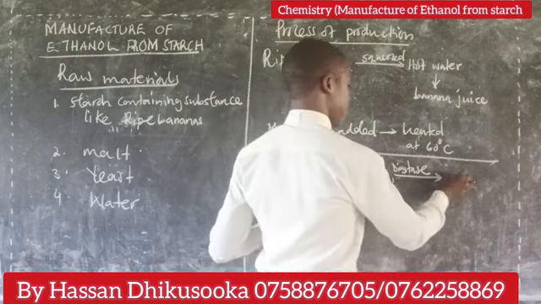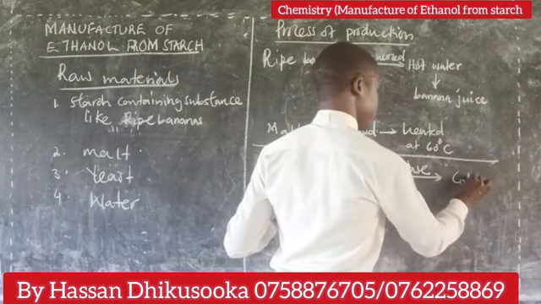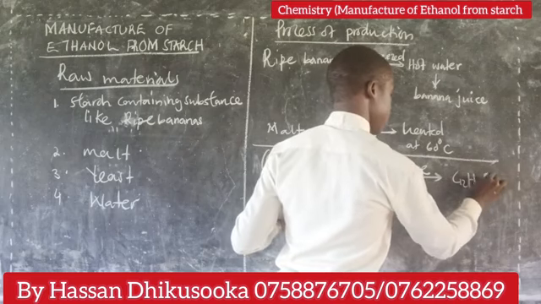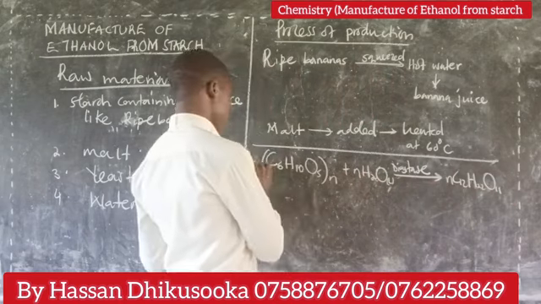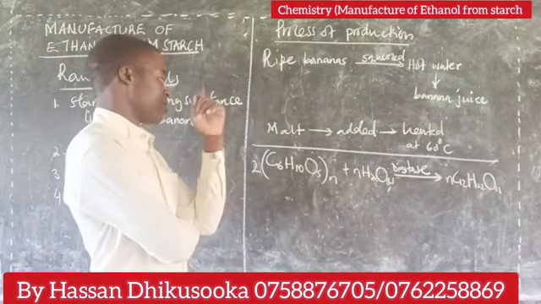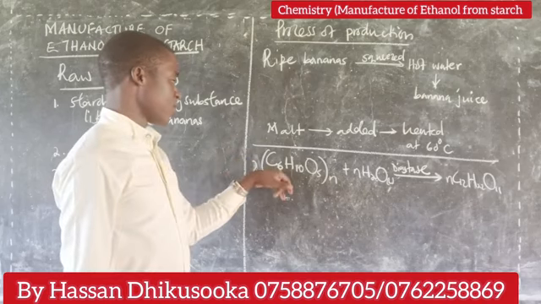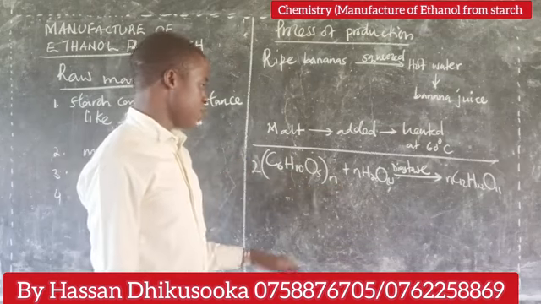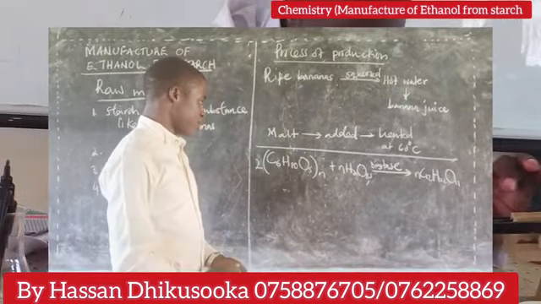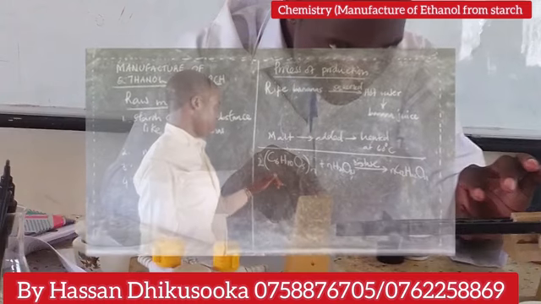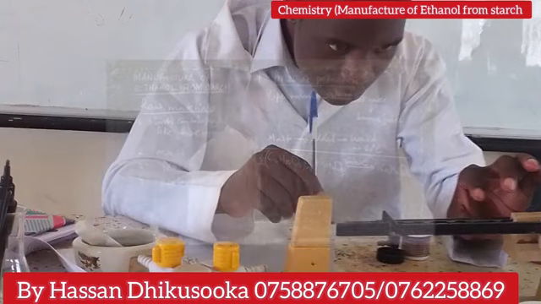Diastase takes us to a product that we call maltose. When you balance this one, we shall have balanced it very well. This is 2 12 n, then 10 plus this one, that is 22 n, then 11 n.